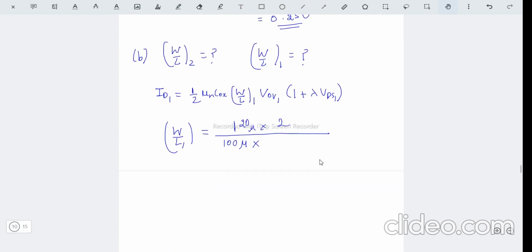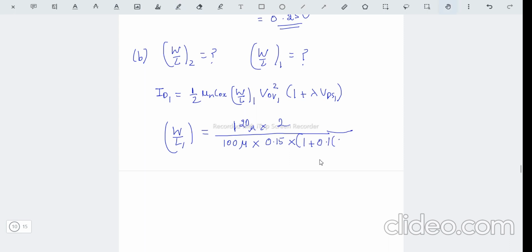So I substitute 0.15 VOV squared, I missed the square term here, into 1 plus lambda, which is given in the question as 0.1, times VDS.